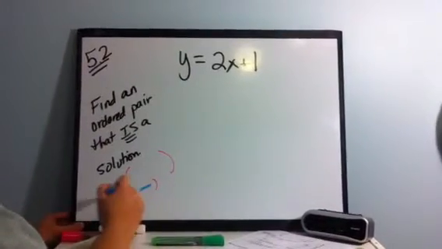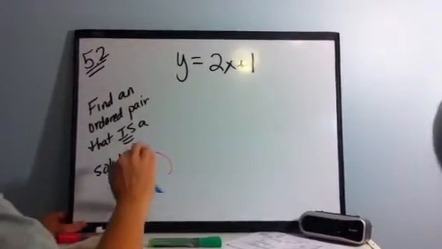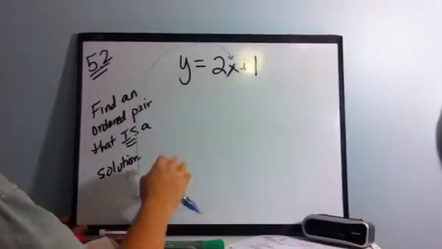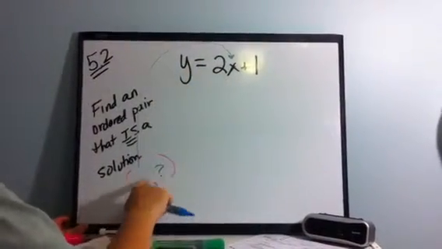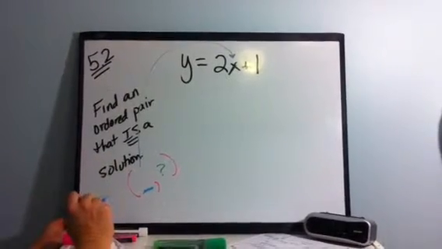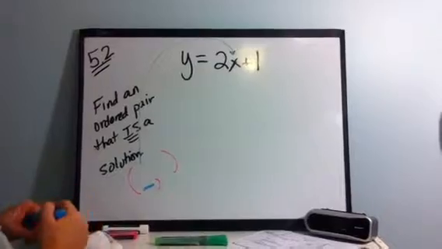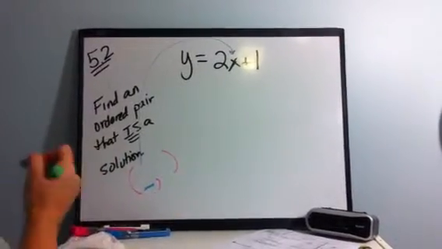Let's say we pick our x, and you can pick anything you want for x. If you plug it in, whatever you get for y, that will be a solution. It will always work out. We'll talk about y in just a second. So pick anything you want for your x.